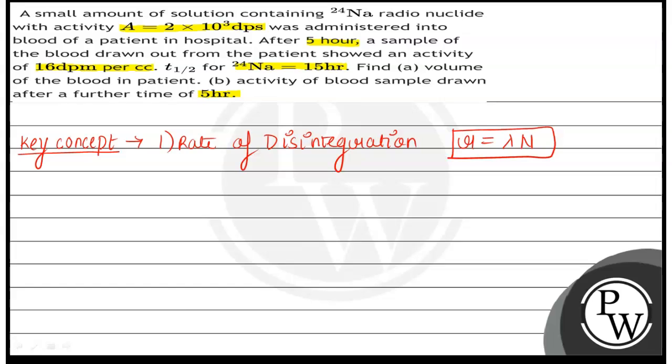Here R is the rate of disintegration and λ is the decay constant, which is equal to 0.693 divided by T half, and N is the number of nuclei.